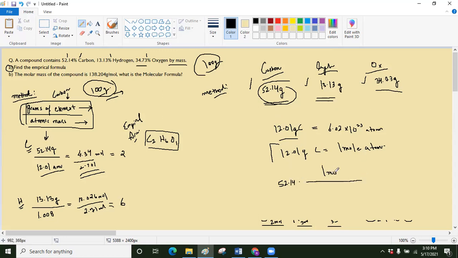You would put 1 mole here so that moles will be your final answer, and then you would put grams down here so that your grams would cancel out. Once you do this division, which is just 52.14 over 12.01, you would get your number in moles. You would get 4.34 moles of atoms, because that's the only unit that's left over.